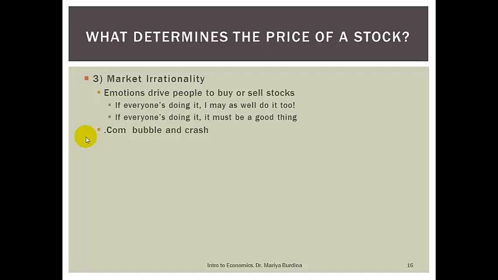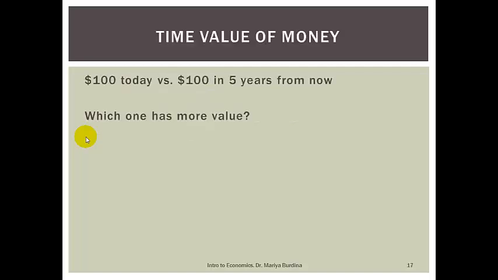So many people were thinking that if something has a .com attachment to it, it's a great company, and we have to buy the stock of that company. As a result, there was an artificially high demand for those companies, even though they were not actually able to produce much. As a result, the market crashed. Those people lost their money. We artificially increased the price of those companies.